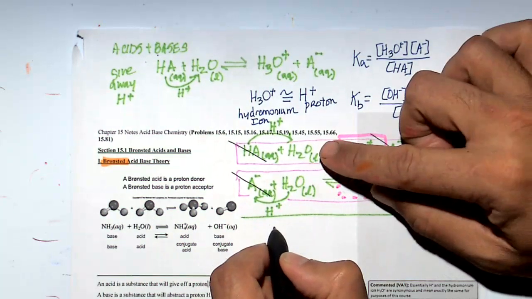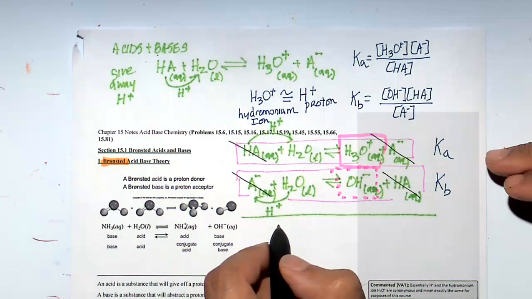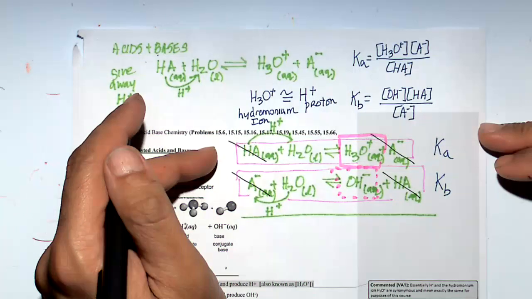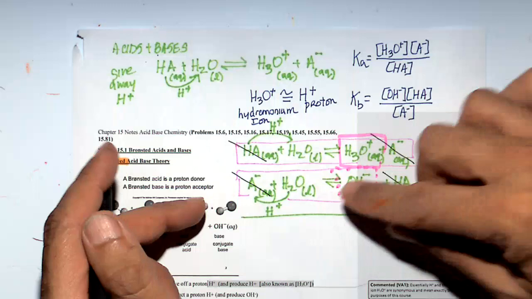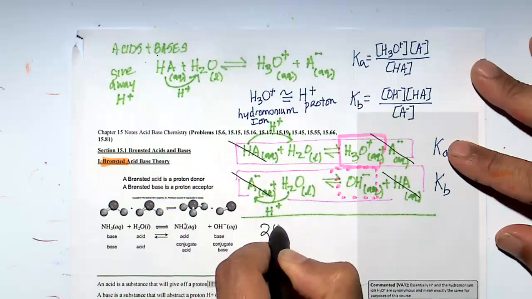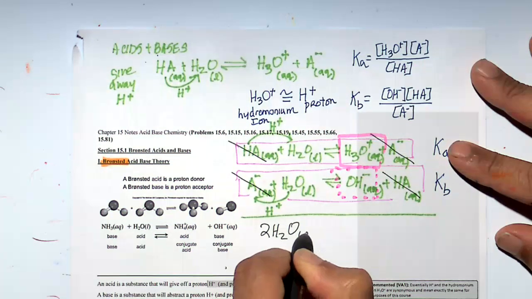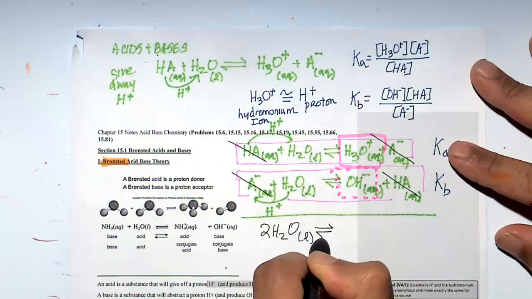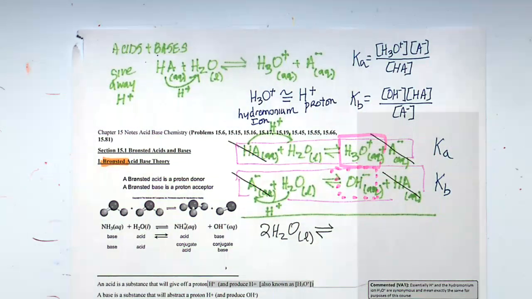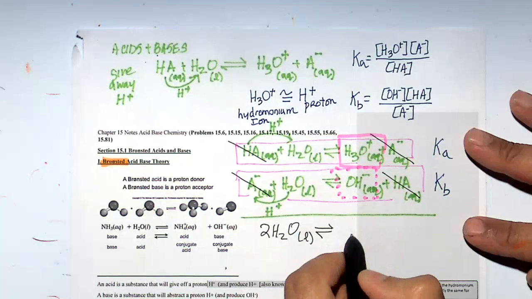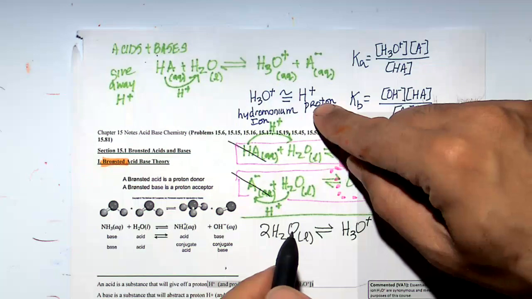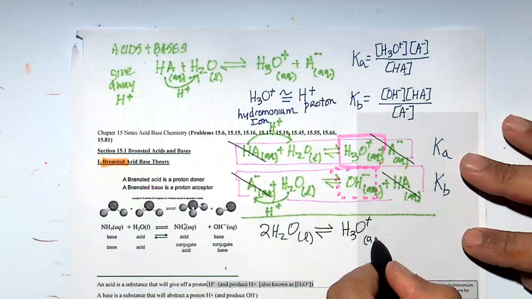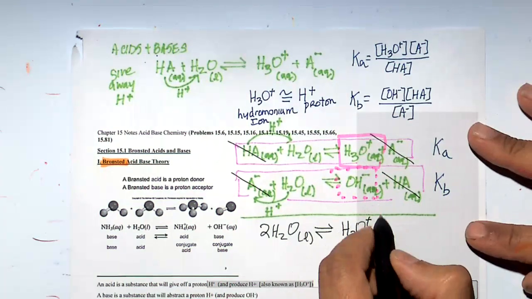And look what happens when I add these two reactions for the acid and for the base. This is amazing. Water plus water is 2H2O, in equilibrium with H3O+ plus OH-. Remember, H3O+ and proton is the same thing, the way I'm going to teach it.